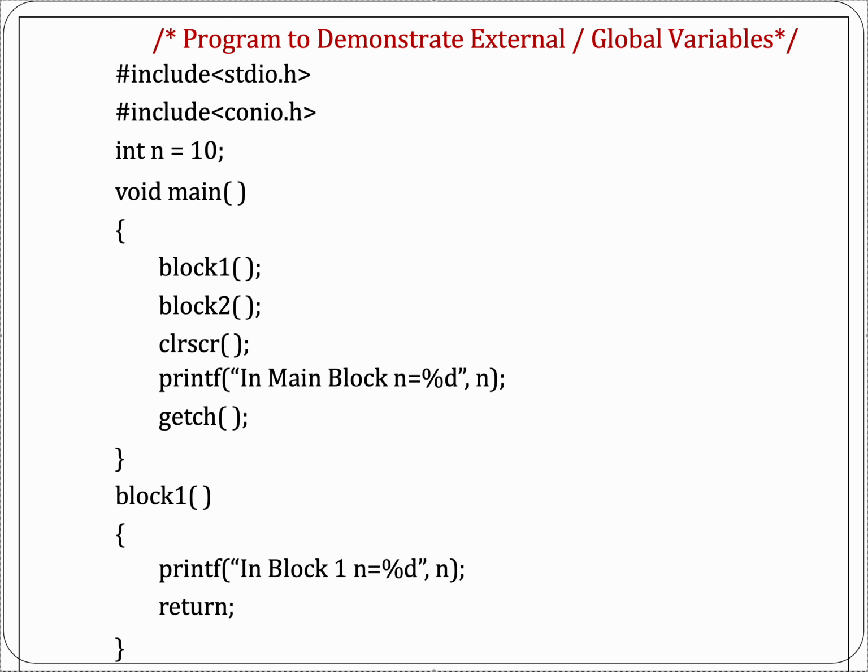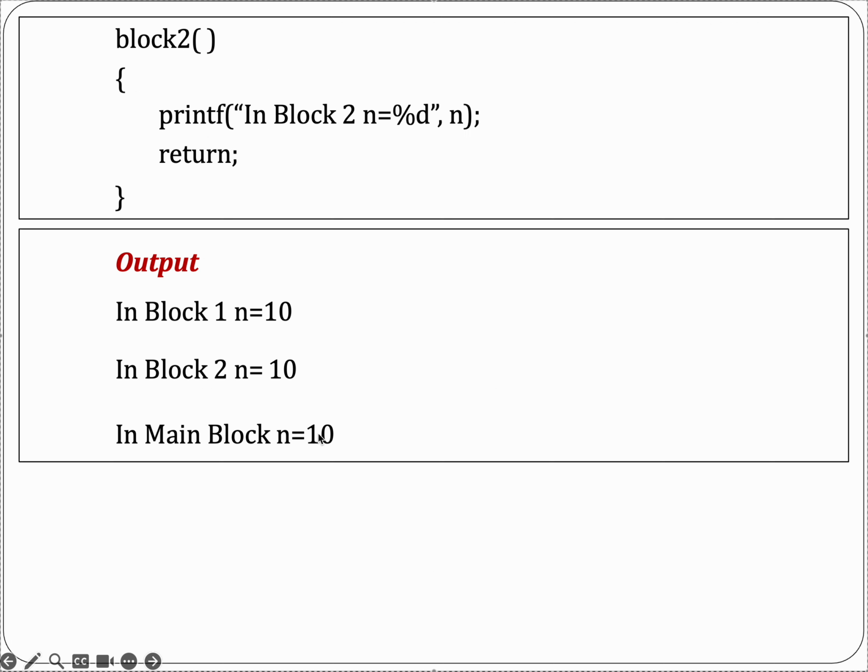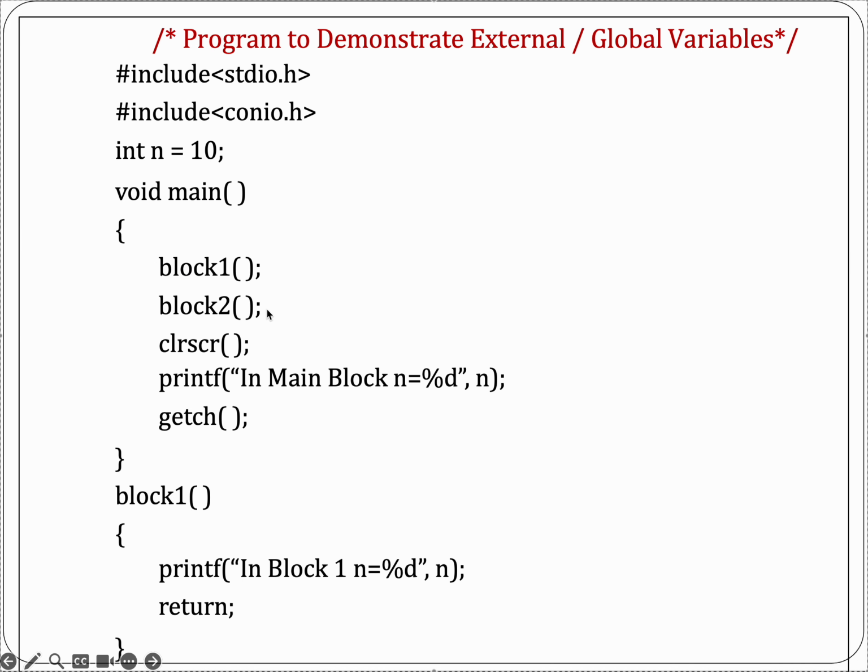So the n value gets printed three times. The meaning is that the value of n declared outside the main function can be accessed inside the main function, inside the user defined function block1, and inside the other user defined function block2. In this way we can access the external variable or global variable.